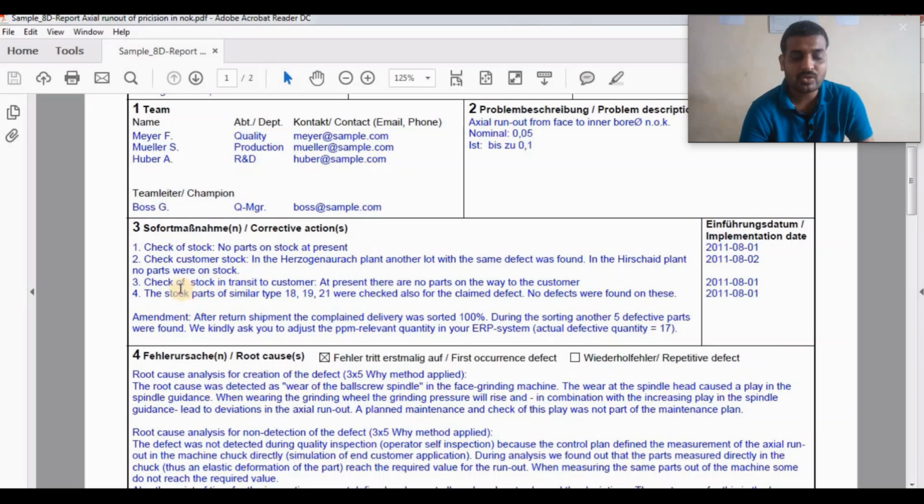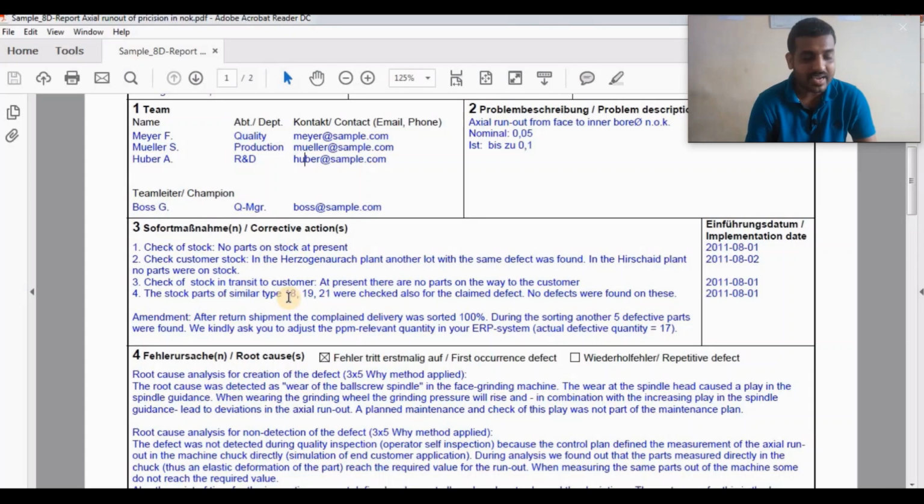So this is about the containment action. They have also mentioned the date on which these actions are completed. Up to the containment action you have to complete within 1 or 2 days depending on the case, as I already told you.